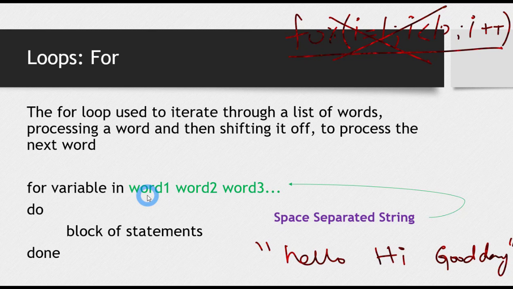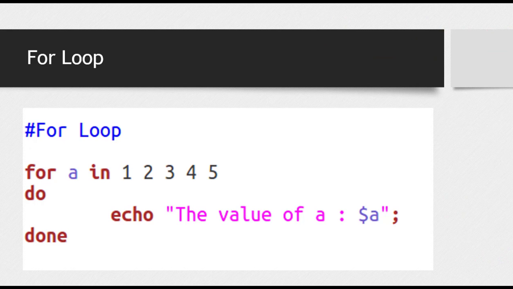It has these 3 words, right? So it is actually called a space separated string. You can see that these words are separated by just spaces, so we call it a space separated string. This is just the terminology.